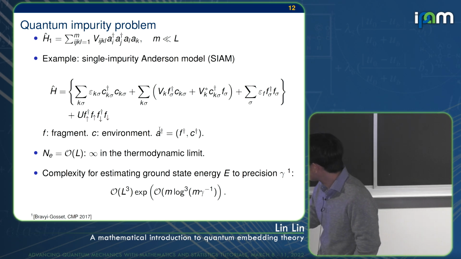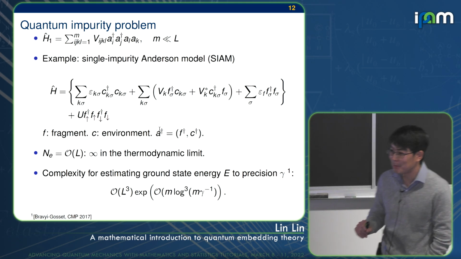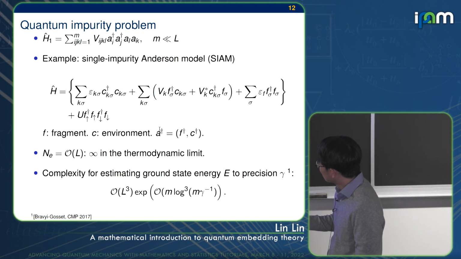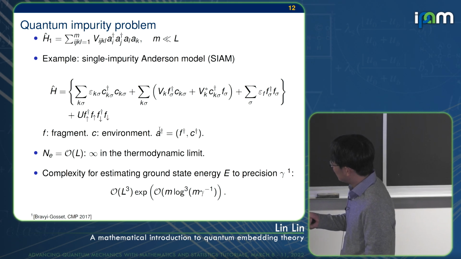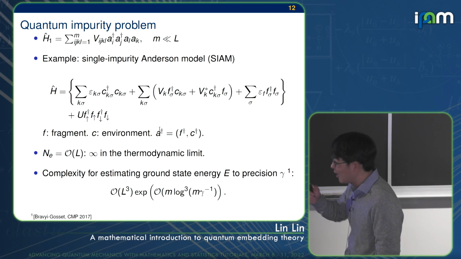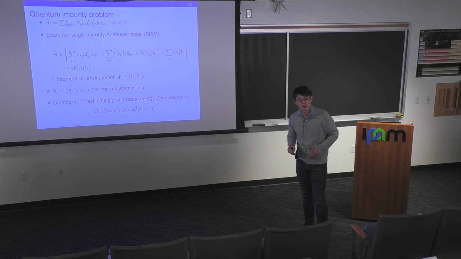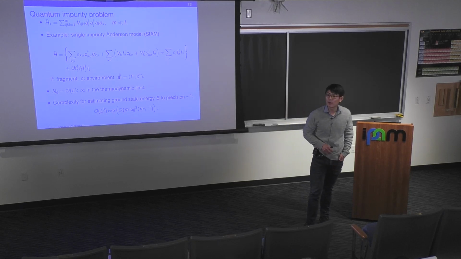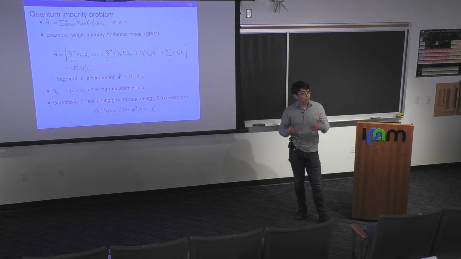Here's the thing. It's not logarithmic. We can talk about more. That precision dependence is pessimistic from a theoretical perspective. But for fixed precision, the cost will be exponential in the impurity size times L cubed, rather than if you put this whole thing into full configuration interaction, where the cost will be exponential in L. Does it make sense? This is just an algorithm with a provable error bound.